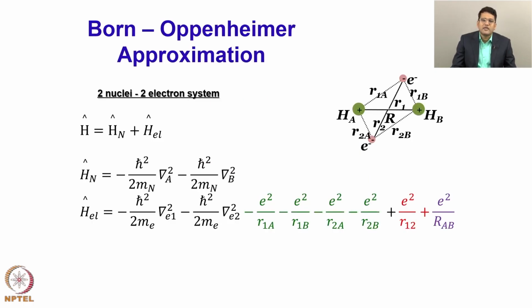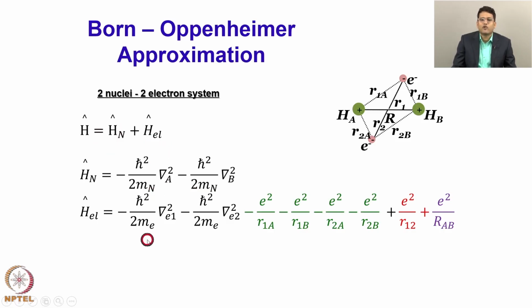Mathematically, if you want to see what the Born-Oppenheimer approximation exactly looks like, let us take a simple system with 2 nuclei, the H2 molecule. You have 2 hydrogen atoms A and B, it does not matter which one is A and which one is B, it is a dummy variable, and 2 electrons 1 and 2. You can write the total Hamiltonian as a nuclear Hamiltonian plus an electronic Hamiltonian.